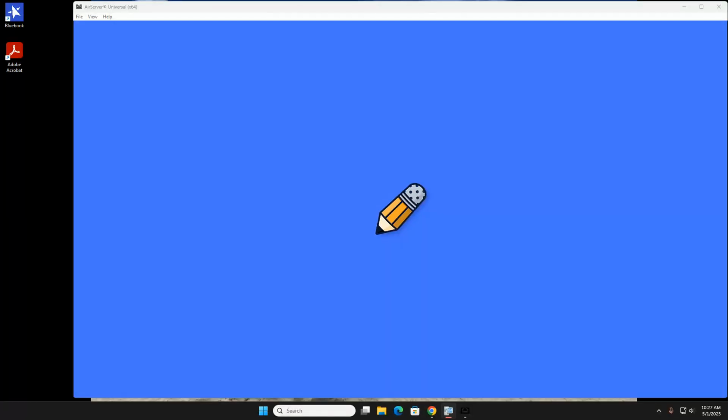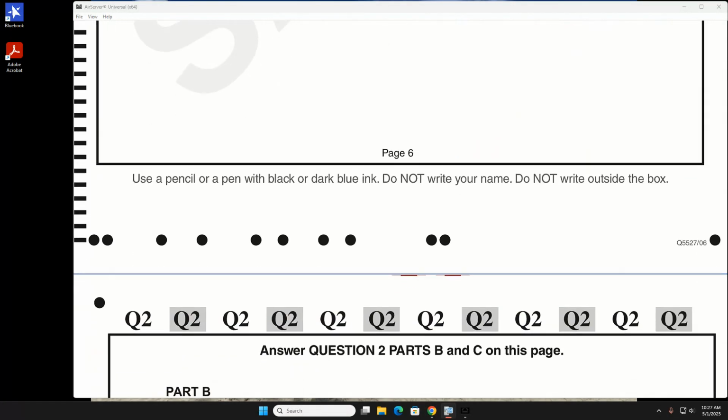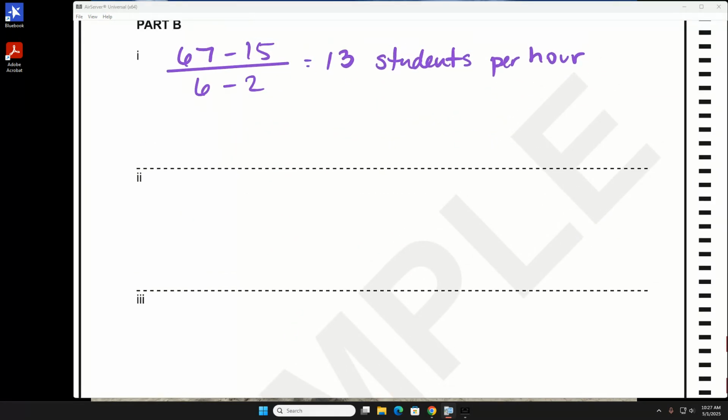All right, so this is an average rate of change. So we're going to start off with the words on average. And then we're going to give our noun, or what this problem is all about. What is this problem about? The students. So the number of students who have heard the rumor.